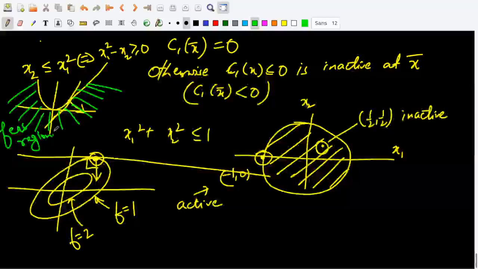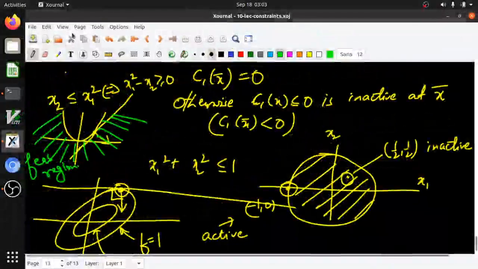So we will end this lecture with a small discussion on linear programming.